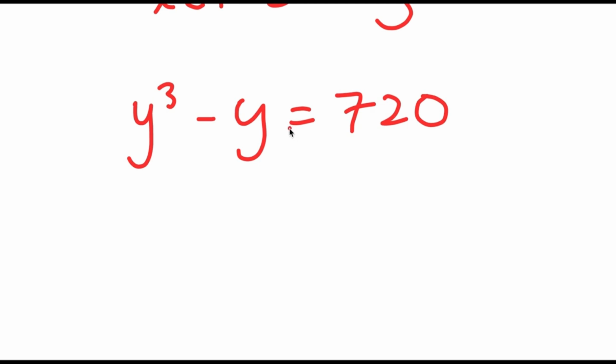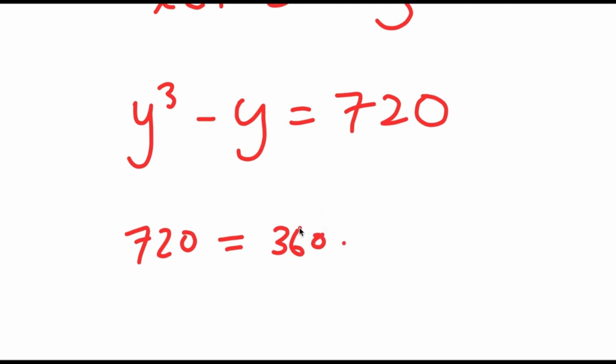So now to do that, what I'm going to do is rewrite 720. So 720 is the same thing as 360 times 2.